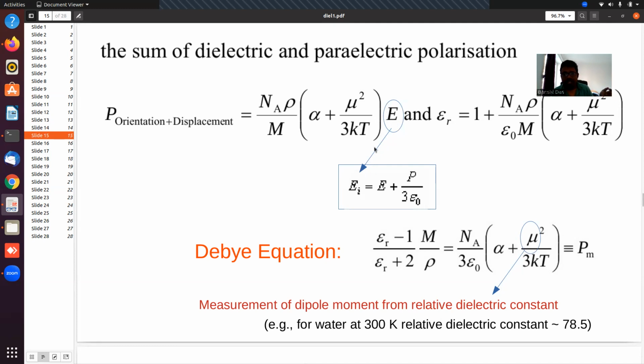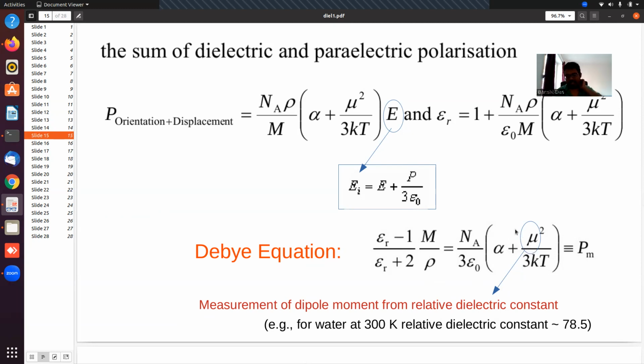So we can use the expression of this internal electric field, which is E plus polarization divided by 3. This is the internal electric field. And if we use that electric field in this expression, we get this Debye equation. So we can calculate this overall polarization of this system.